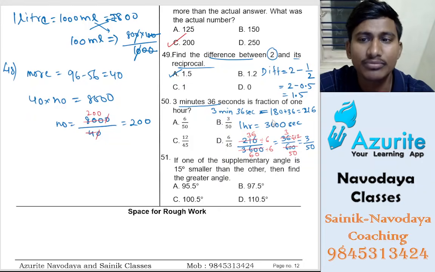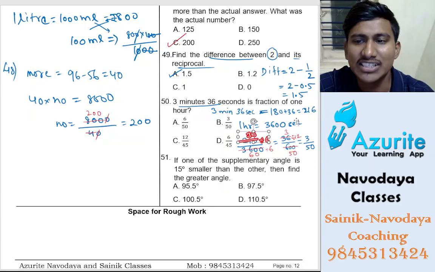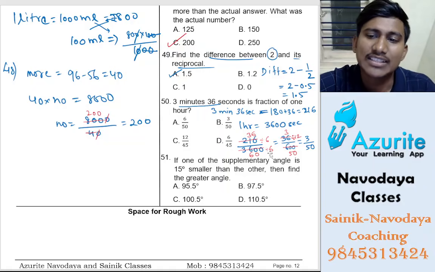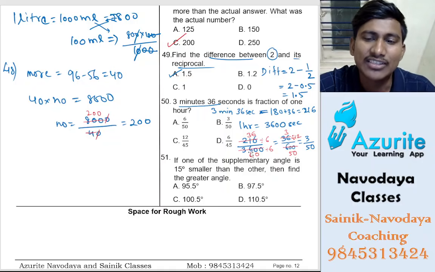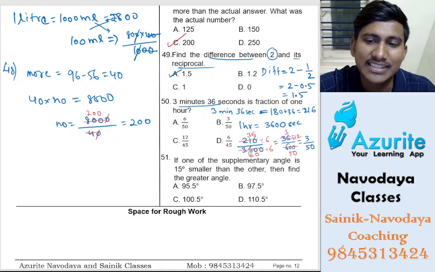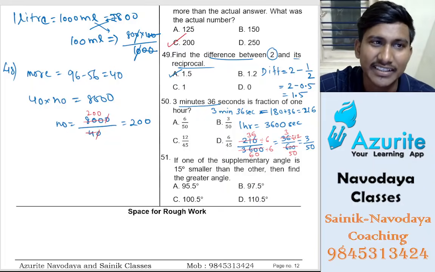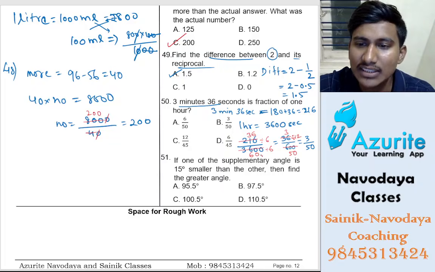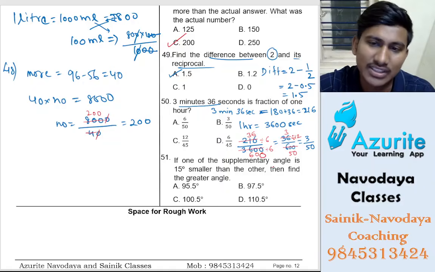Now you have to find the fraction. Fraction means divided. So 216 seconds divided by 3600. If you simplify, first divide with 6. 6 36s are 216. 6 6s are 36, and 2 zeros will come here, that is 600.